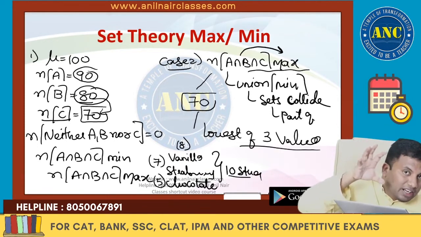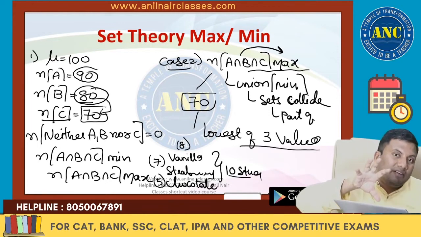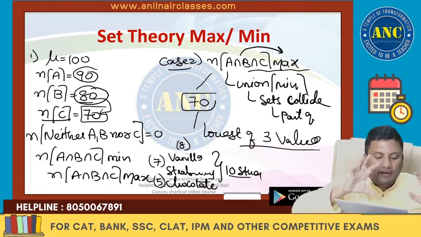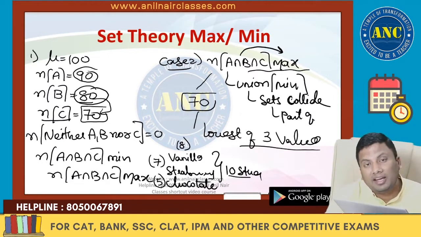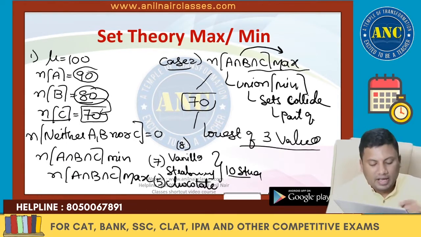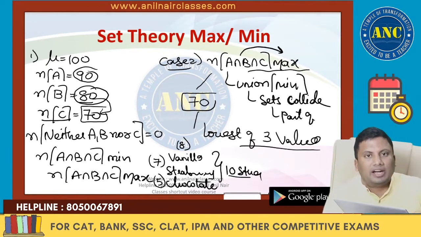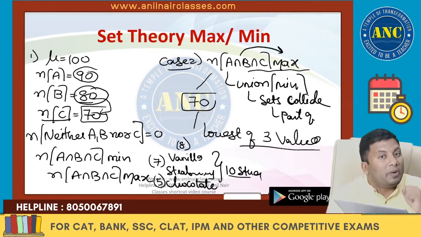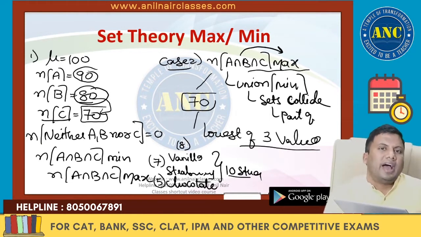That means 7 students got vanilla and strawberry. In those 7 students who got strawberry, I called 5 and gave them chocolate also. So how many students got chocolate, vanilla and strawberry? Obviously 5.